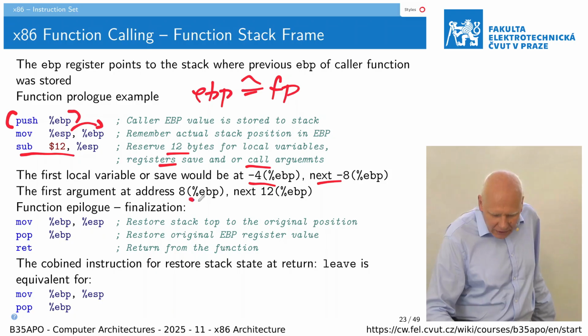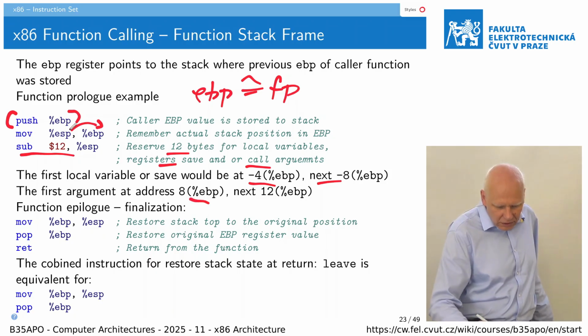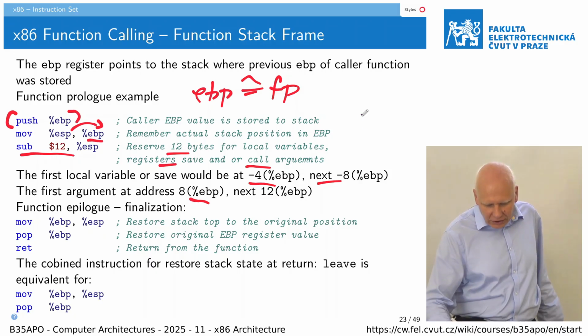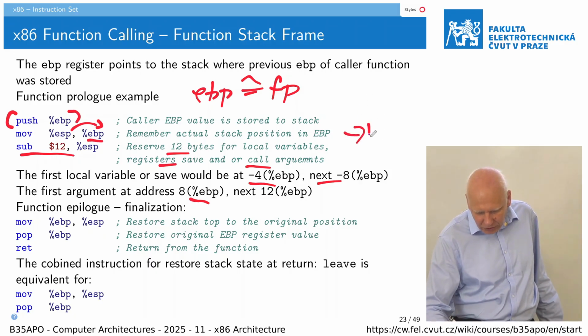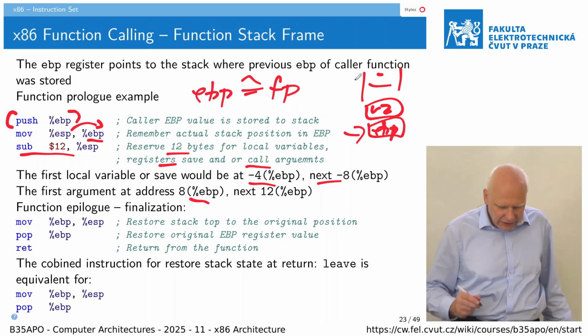And the first argument is 8 bytes above the EBP, because EBP points to the previous EBP. Then there is a return address, and then there are the arguments on the stack.